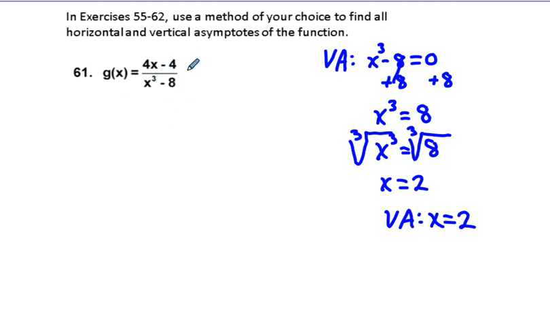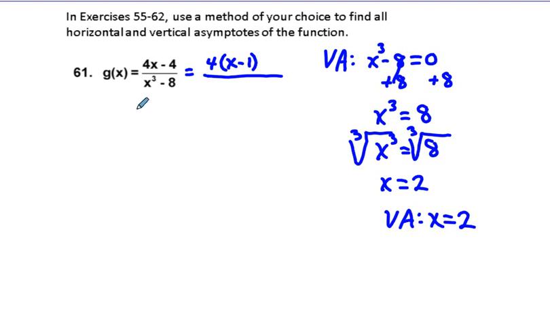Now, in our numerator, we can factor out a 4 from each term, so we have 4 times quantity x minus 1. If x minus 1 is not a factor of x cubed minus 8, then the asymptote is preserved and nothing cancels the 2.